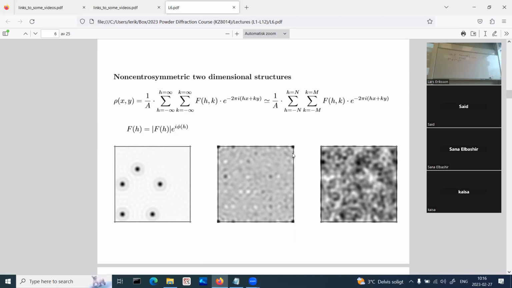And then I think that this is random phases and perfectly known amplitude. And the reconstruction is, well, more or less nonsense. Not at all simple. The phases of the structure factor, otherwise the summation becomes some stuff.